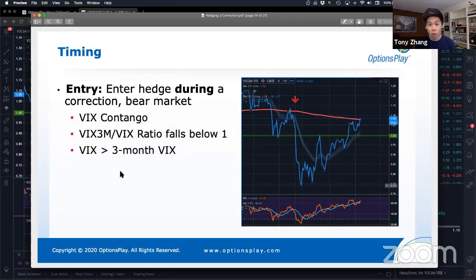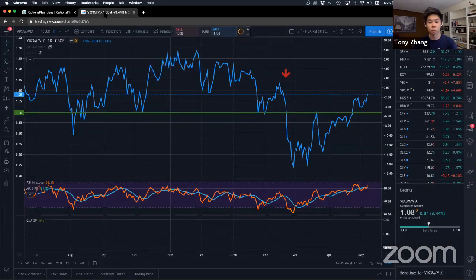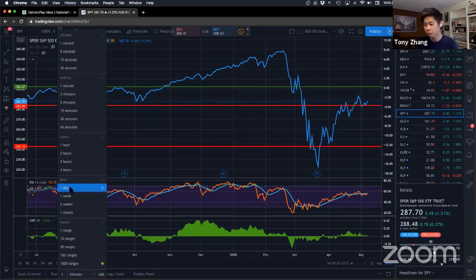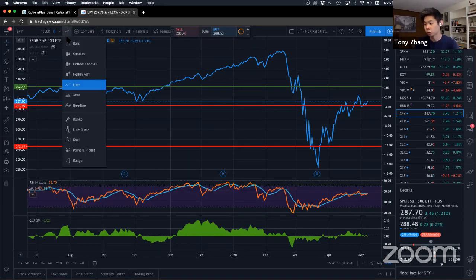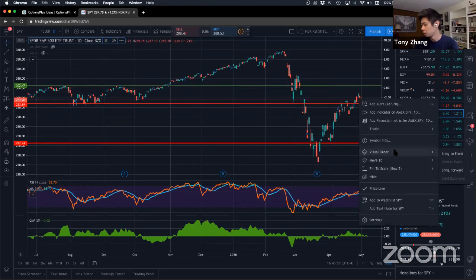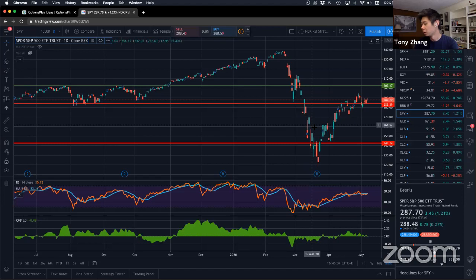So again, don't go out there and buy puts right now. There were a lot of investors during the January to February rally, and I certainly got a lot of questions from users, who emailed us saying, especially during these times, VIX is really low, buying protection is really cheap.